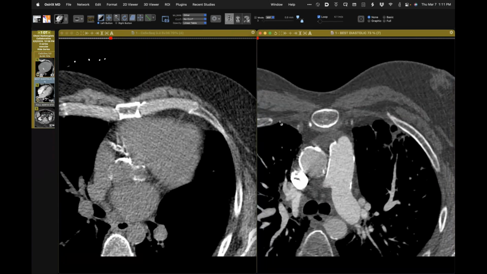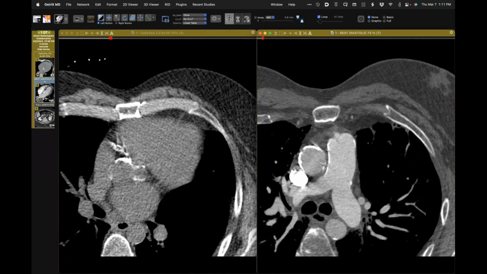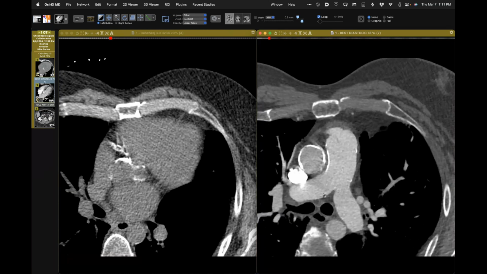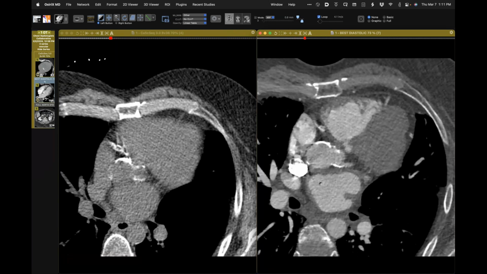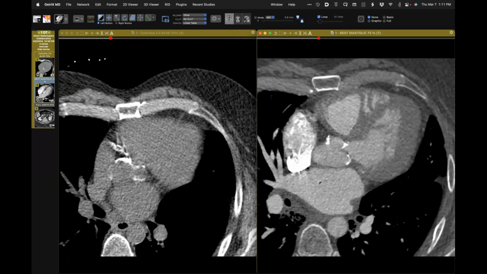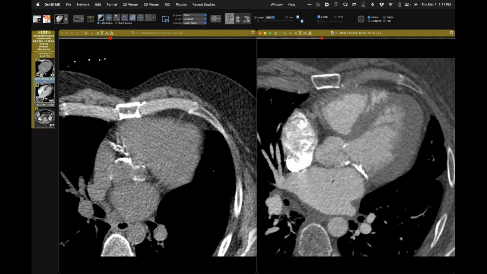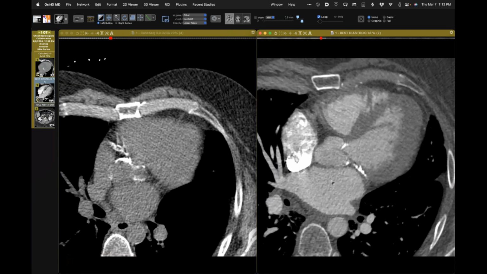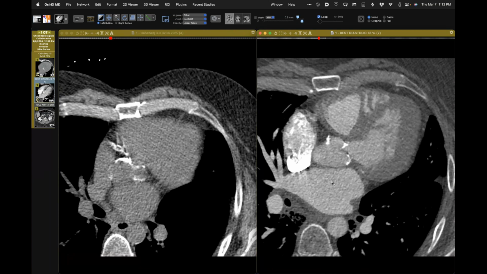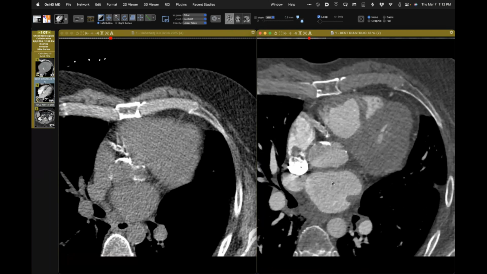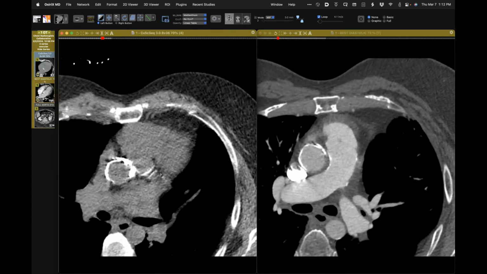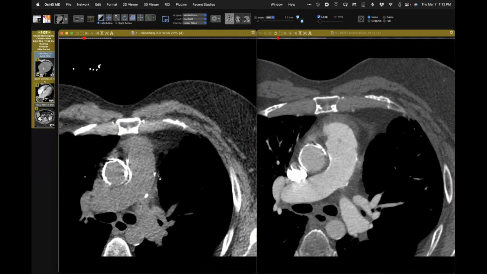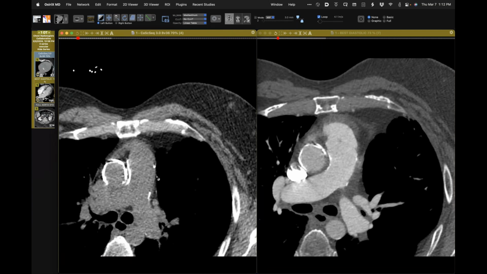So while you folks are looking at it, I'll point out there are extensive calcifications, mural calcifications in the aorta. Patient has got aortic valve disease with calcified aortic valve cusps, so aortic stenosis. But what's really interesting are these calcifications, mural, related to the main pulmonary artery.